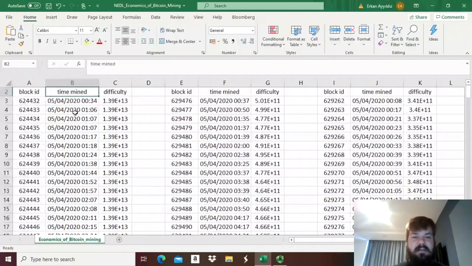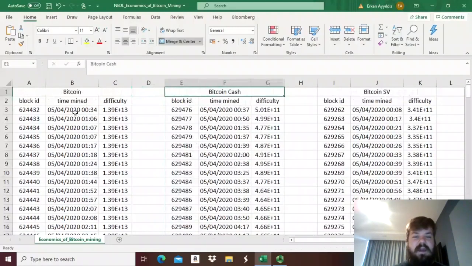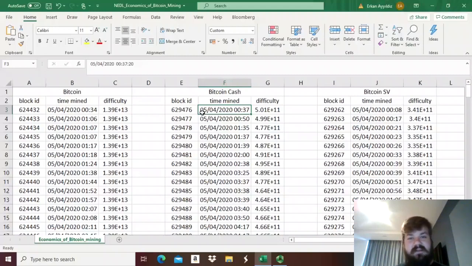We can see that the number of blocks mined vary, as well as the time at which those were attached to respective blockchains, as well as the difficulty of mining. Those large numbers represent how difficult it is to solve the cryptographic hash functions that underpin the mining process, the solution to the puzzle that blockchains pose to the miners every single block.